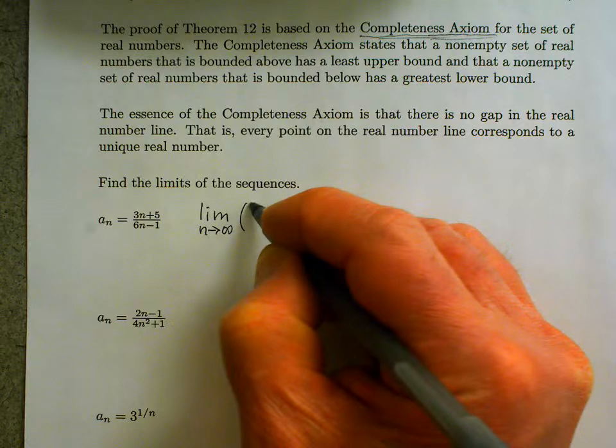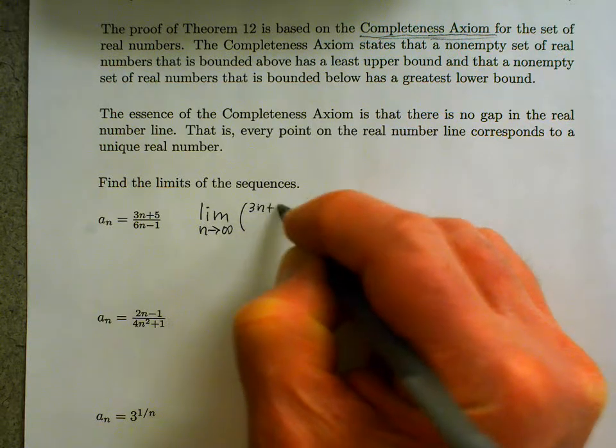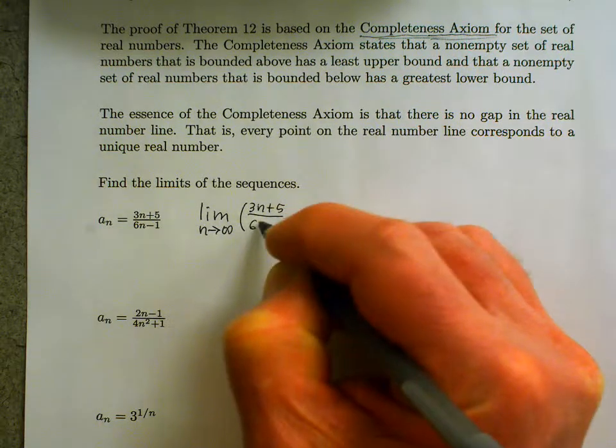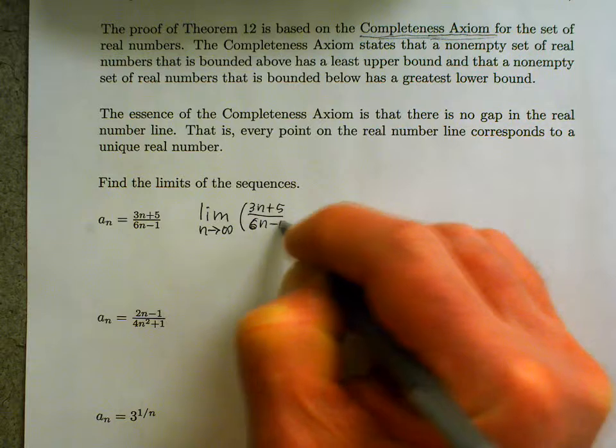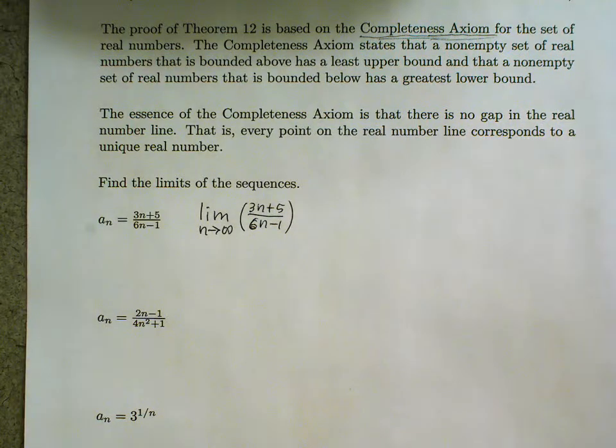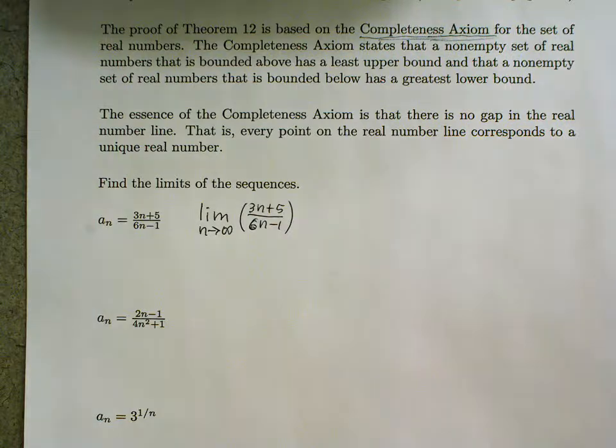So in other words, what's the limit of 3n plus 5 over 6n minus 1? So with a little practice, you'll be able to look at that and know within 2 seconds what the limit is.